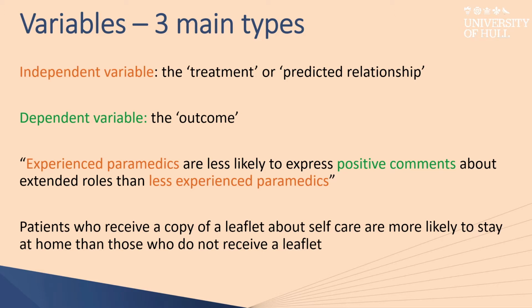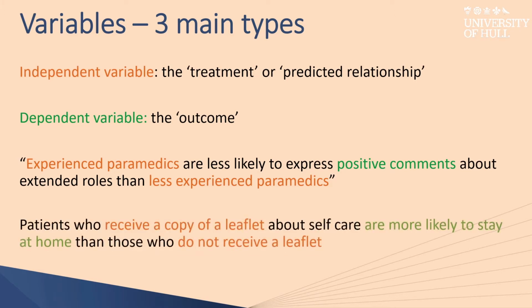What we could potentially manipulate, the treatment or predicted relationship, would be those patients who receive a copy of a leaflet or those who do not. The outcome of receiving that leaflet or not would be whether the patients are more likely to stay at home. And this is the crux of quantitative research, that we manipulate the independent variable, or sometimes don't manipulate, to produce the outcome, the dependent variable.